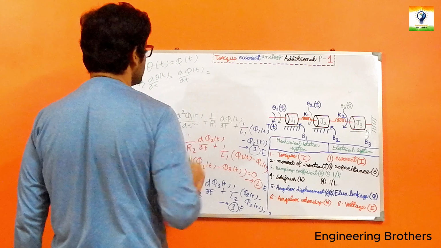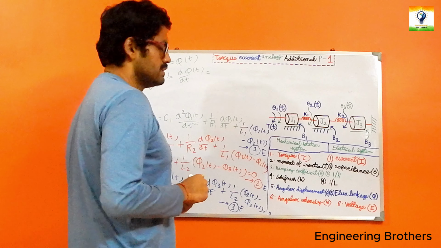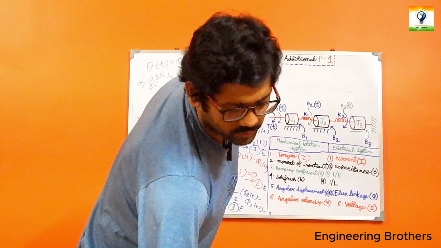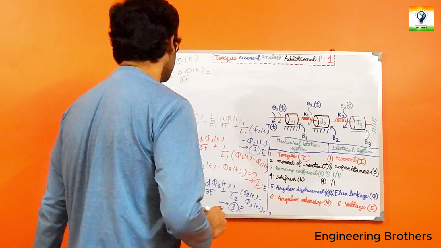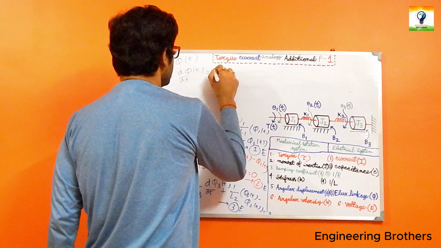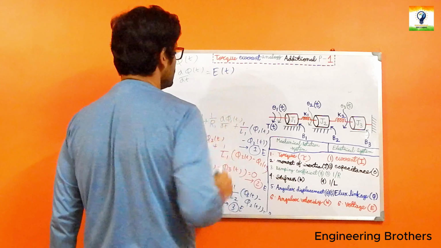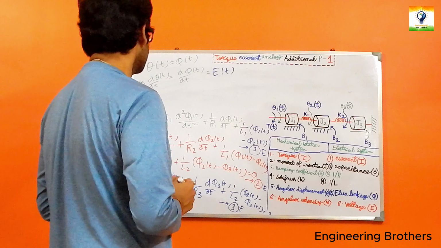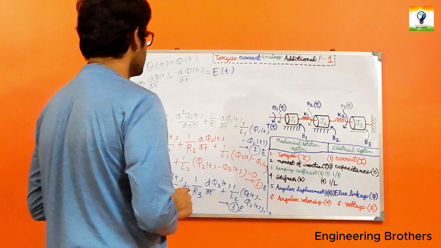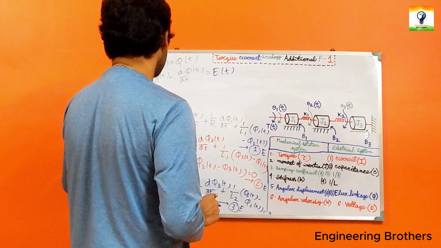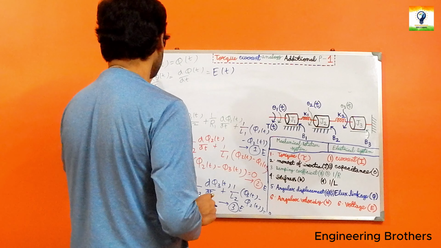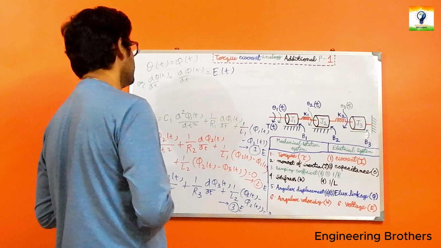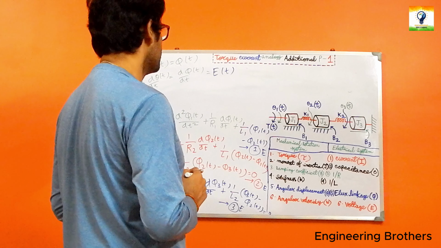And according to our definition for electrical circuits, we know that d phi/dt is e(t), the voltage in our electrical circuits. So this is our first relation, which is d theta/dt, equal to d phi/dt, which is e(t).